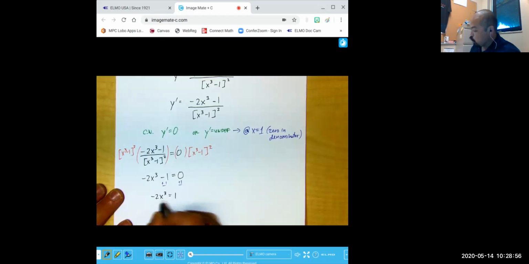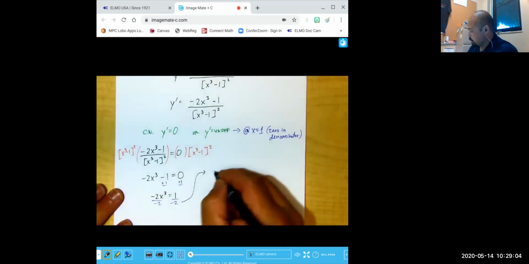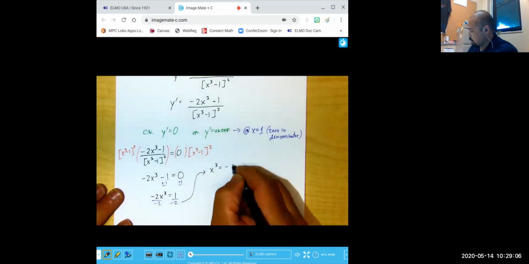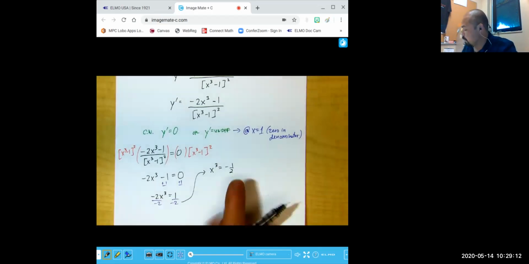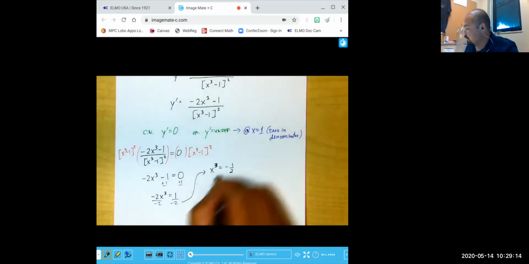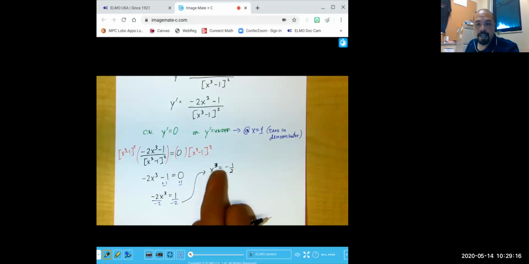And again, with a cube root, with our odd power there, we don't mind having a negative value. If we have an even power, x squared, x to the 4th, x to the 6th, we know that those can never be negative.